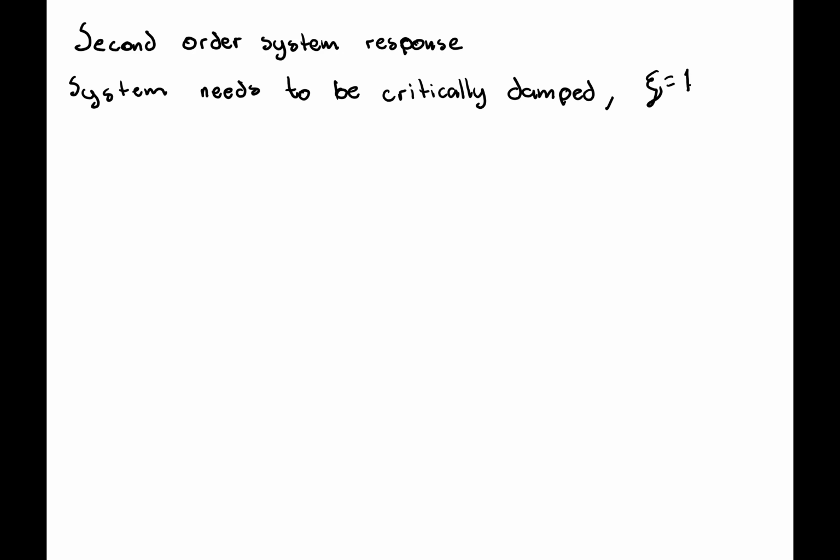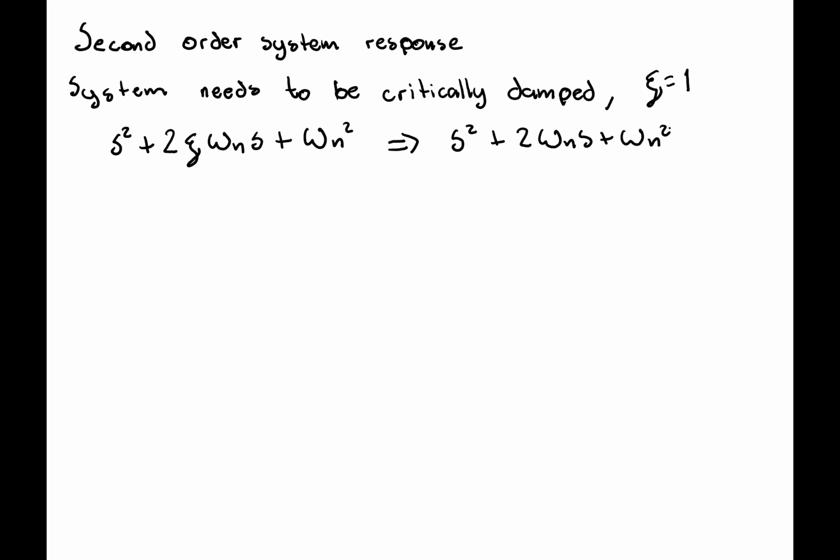Okay, so if we write down the general expression of a second order system, we have s squared plus 2 times our damping coefficient times the natural frequency times s plus the square of the natural frequency. Now in our case, this translates to s squared plus 2 times our natural frequency times s plus the square of the natural frequency, because we're setting our damping coefficient to be 1.